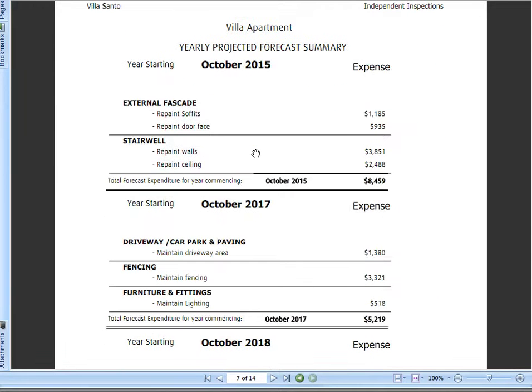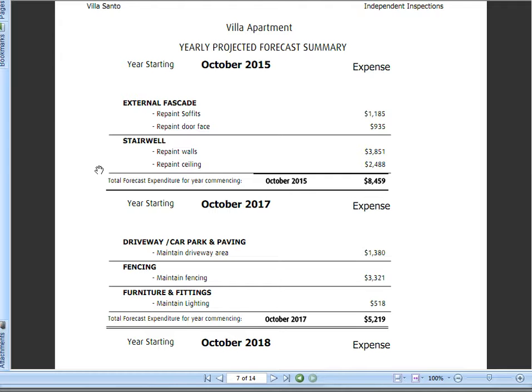Okay. So what we've done from here, we've cut this down into each section over each year. So you can take these sections out from here and put them into your administration budget. So we know that in 2015 we've got external painting coming up, so repainting the soffits, our door faces, looking at the walls and ceilings in the stairwell.